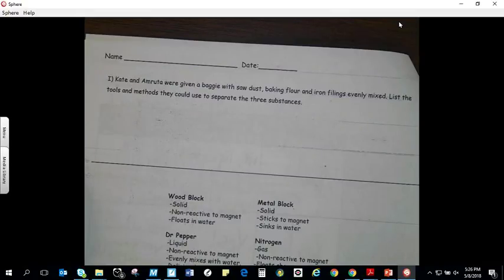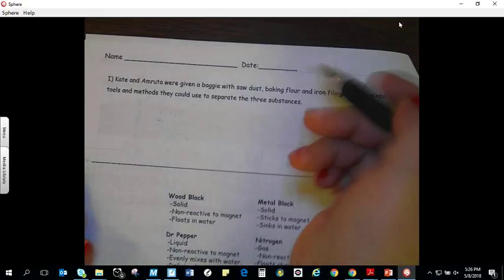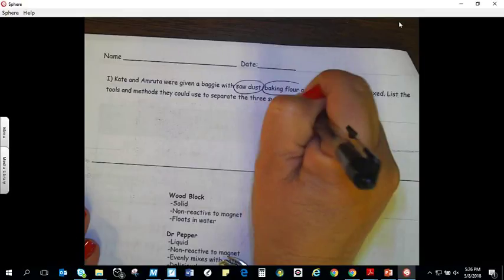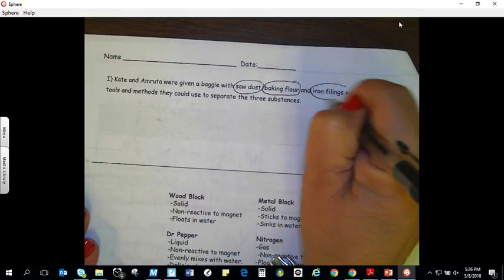Okay, so if we wanted to separate these, I am looking at that there's sawdust, baking flour, and iron filings.